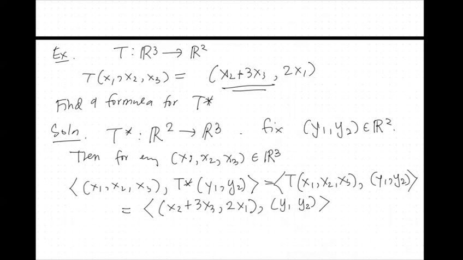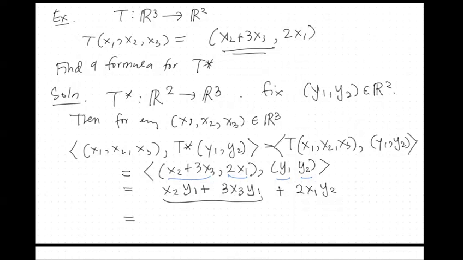If you operate this as a dot product, we get x2 y1 plus 3x3 y1, this one multiplied by this, and this one multiplied by this. This is for the first part. And then for the second part, we get 2x1 y2.